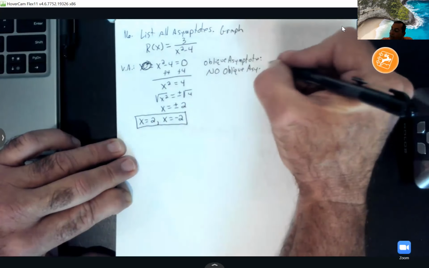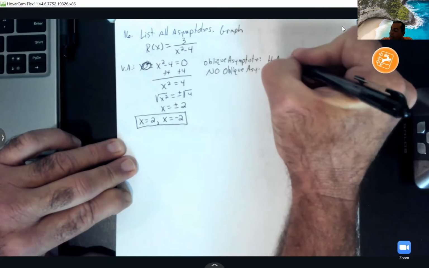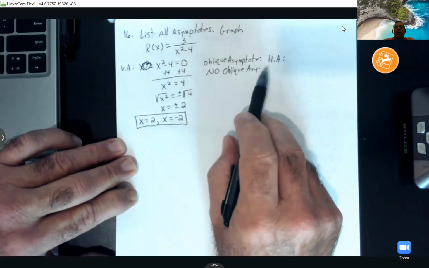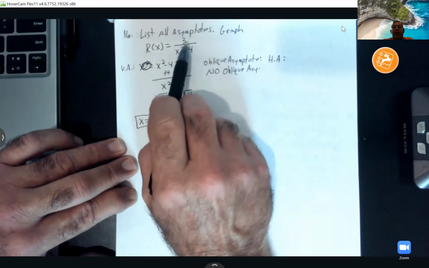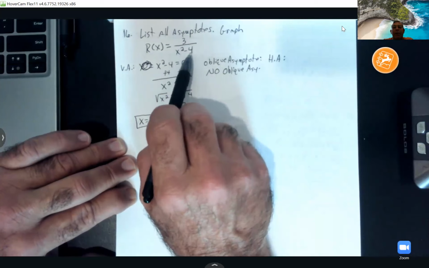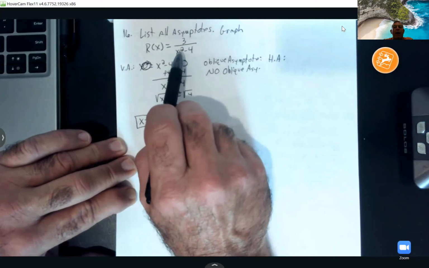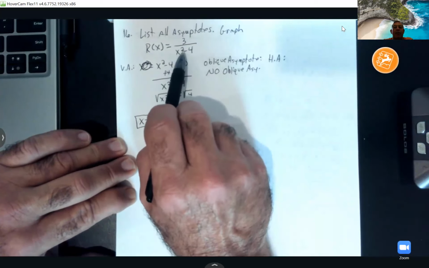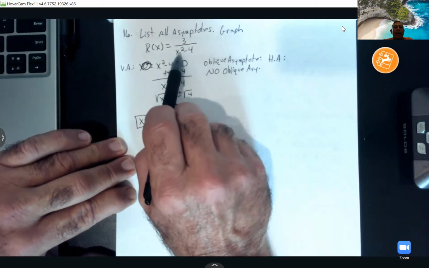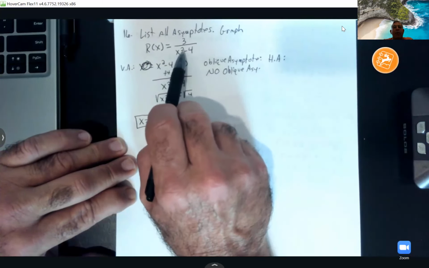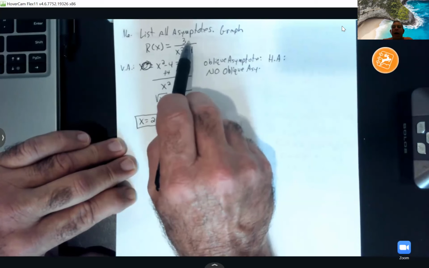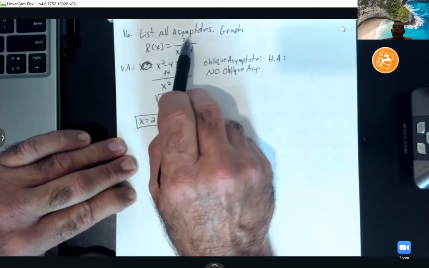Now the horizontal asymptote. The horizontal asymptote is when I compare the degree of the top to the degree of the bottom. Well, the bottom has a degree 2, because that 2 is following that x, and that's the highest exponent on the bottom. So the bottom is a degree 2. The top does not have a variable. So the top is a degree 0.